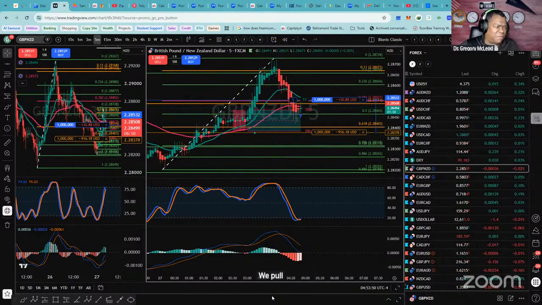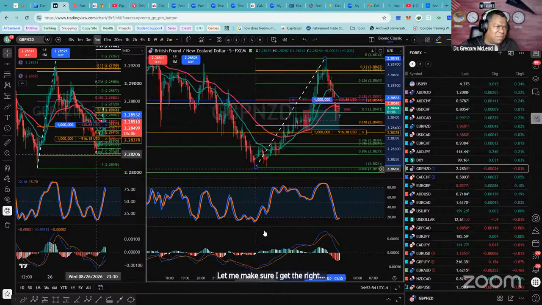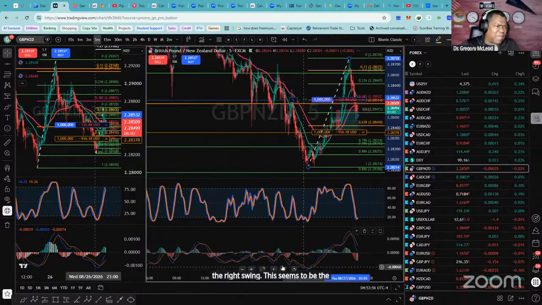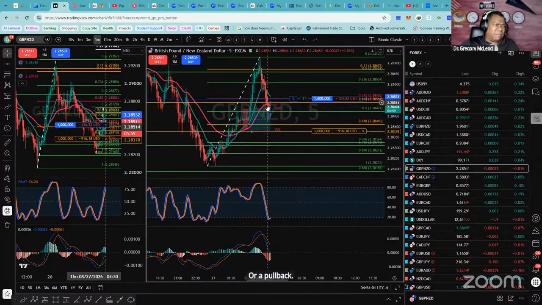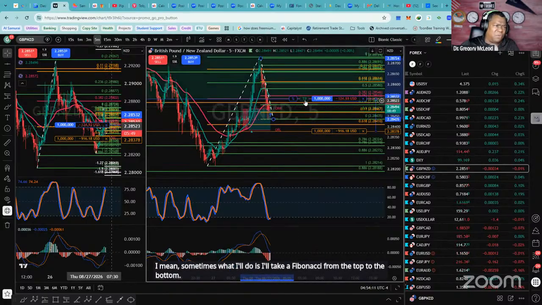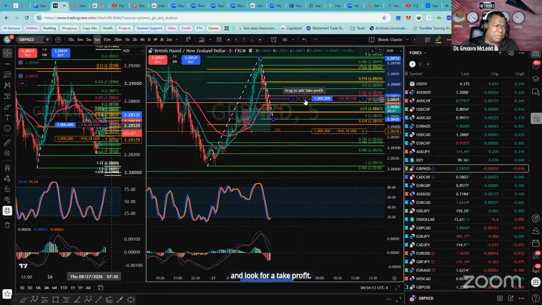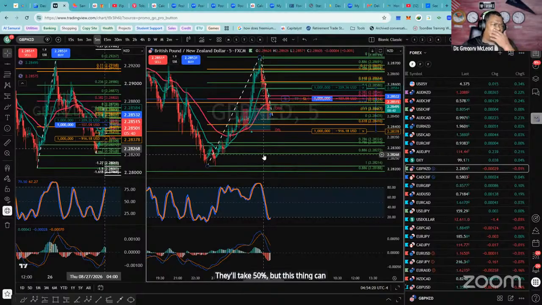Let me make sure I get the right swing. This seems to be the only swing that we have for a pullback to the 50. Sometimes what I'll do is take a Fibonacci from the top to the bottom and look for a take profit that would take me to the 50% retracement. Just take 50%. If this thing can give me back 50% of what it lost, I'll make $309.